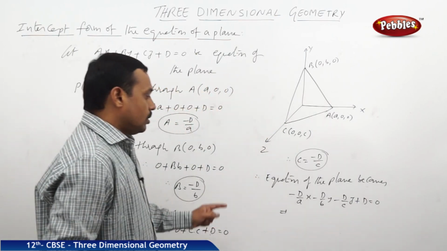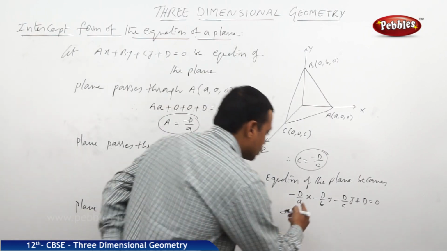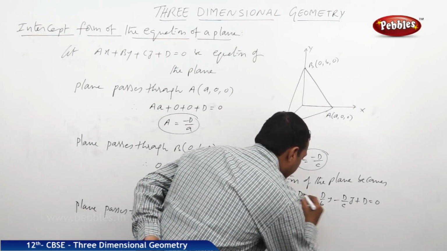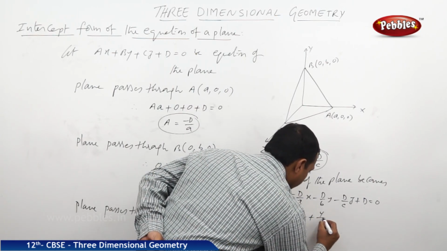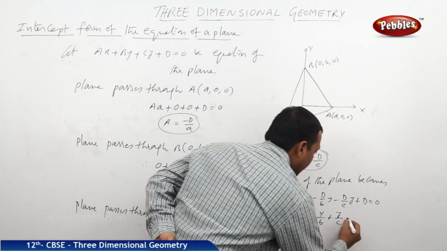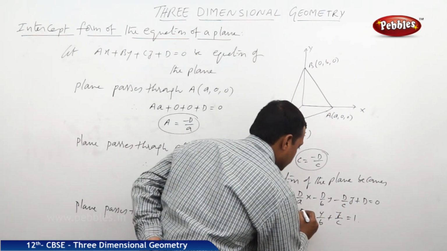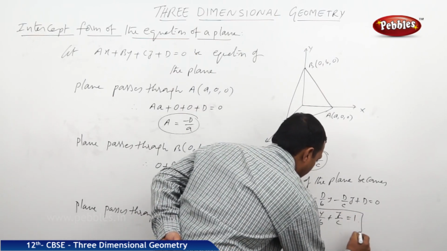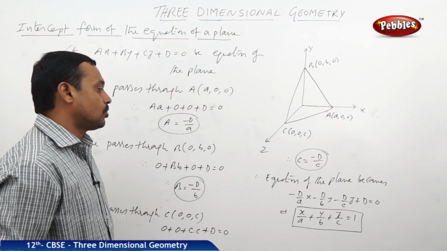Now, divide the entire equation by minus D. While dividing by minus D, it becomes x by a plus y by b plus z by c minus 1 is equal to 0. Move that minus 1 to the right side, plus 1, so that x by a plus y by b plus z by c is equal to 1.